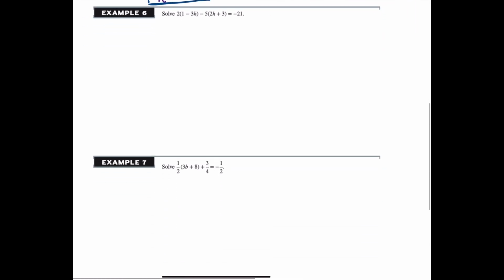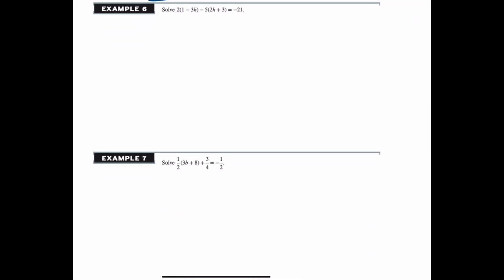All right, another example here. We have 2 times 1 minus 3h minus 5 times 2h plus 3 equals negative 21.